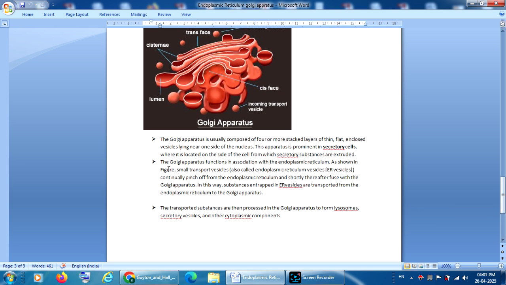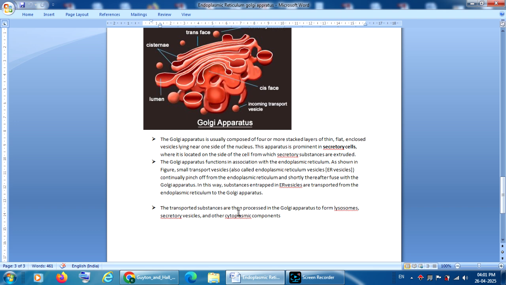So what they are explaining here is that the endoplasmic reticulum and the Golgi apparatus work together. When the endoplasmic reticulum forms small vesicles, which are called ER vesicles, these ER vesicles are pinched off, cut off from the endoplasmic reticulum, and they are taken up sequentially by the Golgi apparatus, where in this way substances entrapped in the vesicles are transported from the endoplasmic reticulum to the Golgi apparatus.